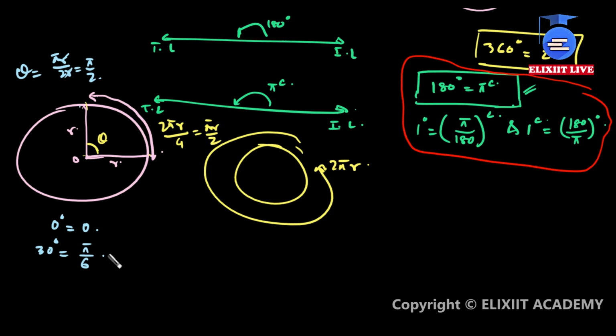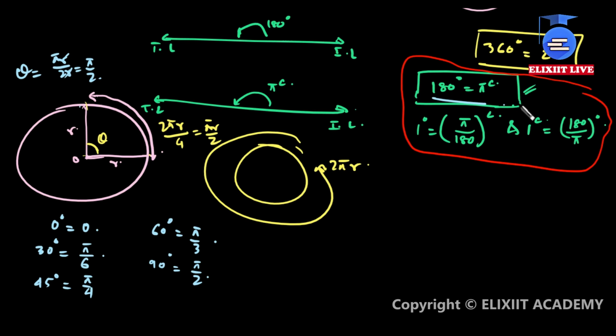30 degrees is pi by 6. 45 degrees is pi by 4. Then 60 degrees is pi by 3. 90 degrees is pi by 2. All comes from this relation: 180 degrees is pi radians.